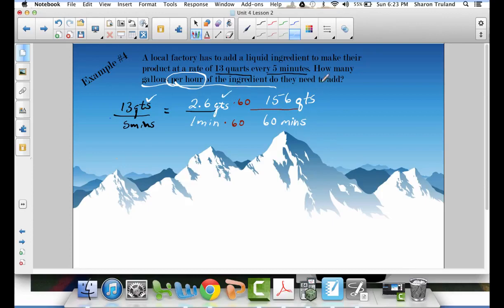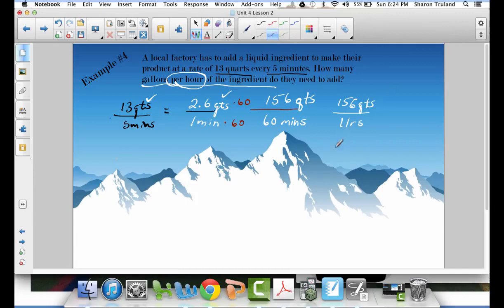That didn't answer the question because it said how many gallons per hour do they need to add. So if we need to add 156 quarts per 1 hour, we got to figure out how many gallons that is. And again, you have to remember that a gallon contains 4 quarts.